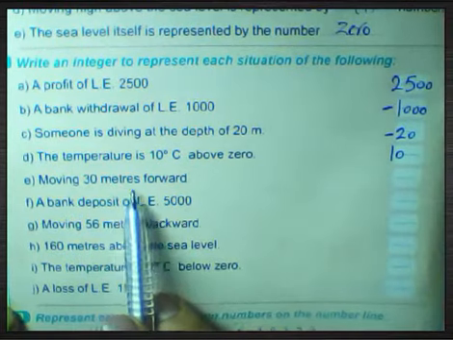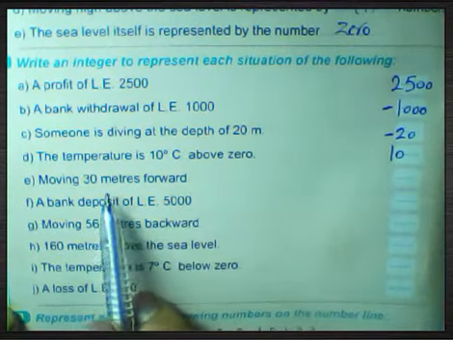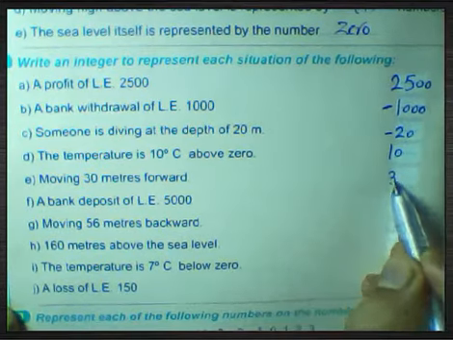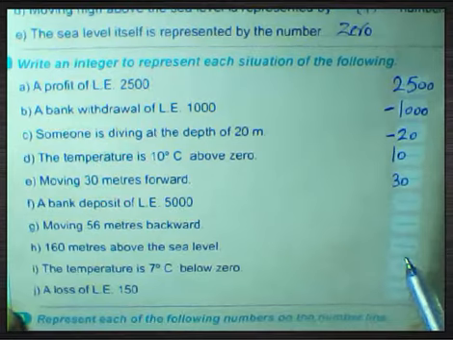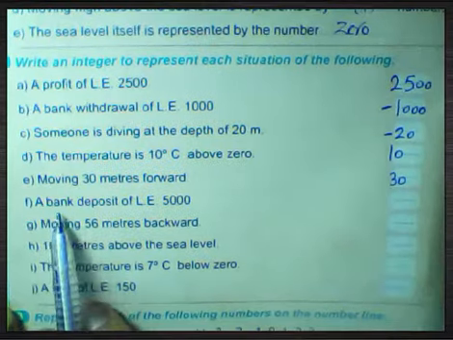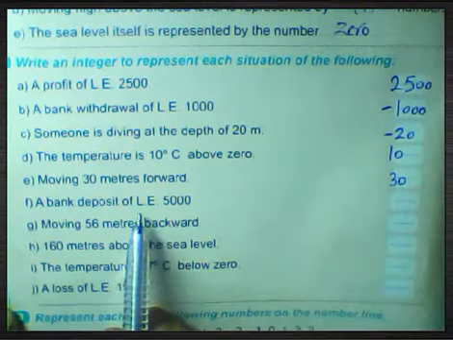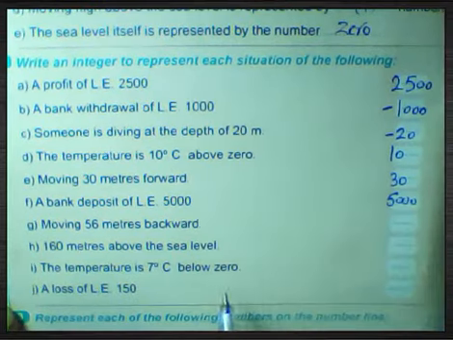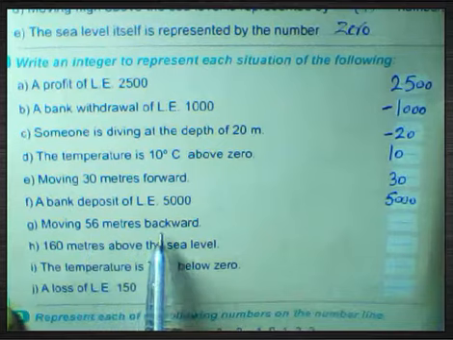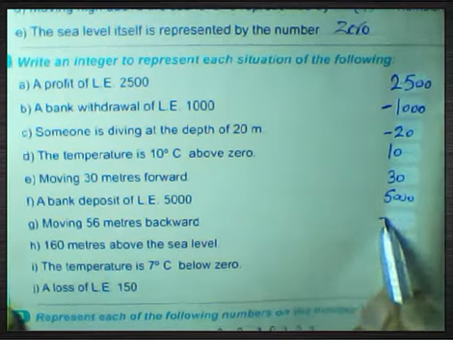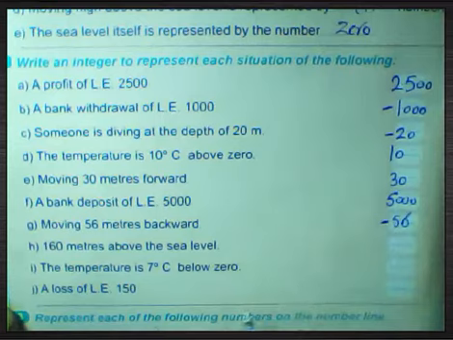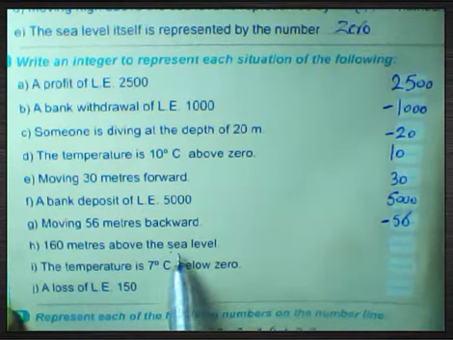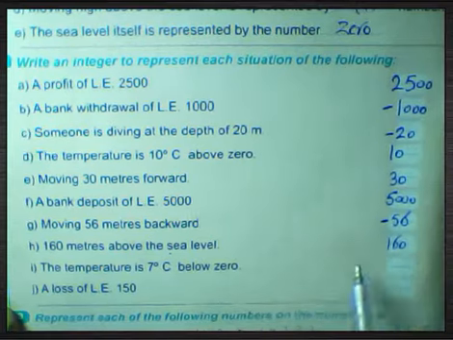Moving 30 meters forward, it will be 30. A bank deposit of 5,000 lira, positive. Moving 65 meters backward, negative 65. 160 meters above the sea level, positive 160.